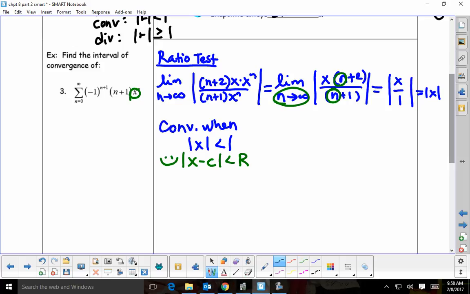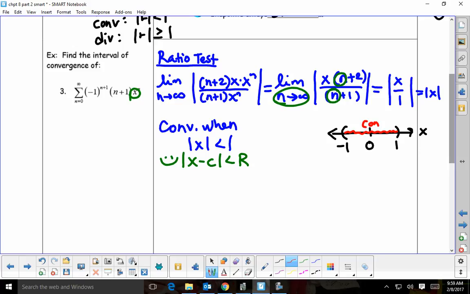Okay, just a little visual so we know what we're doing. On this x-axis we are centered at 0, and we go out with a radius of 1. So up to 1 and back to negative 1. We know all of these converge.